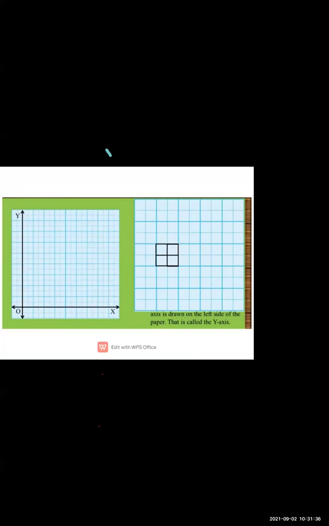Whenever you start a bar graph, first you have to make an x-axis and y-axis, and the line which intersects both the lines, its origin is O, whose value is 0.